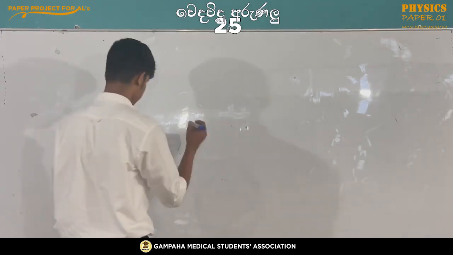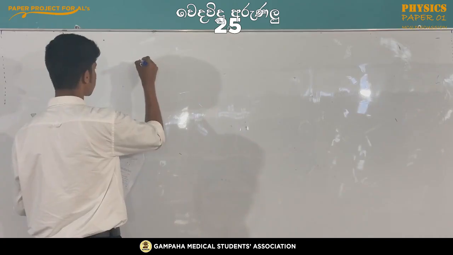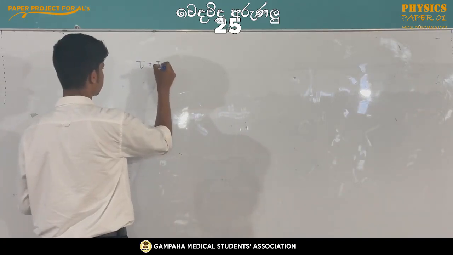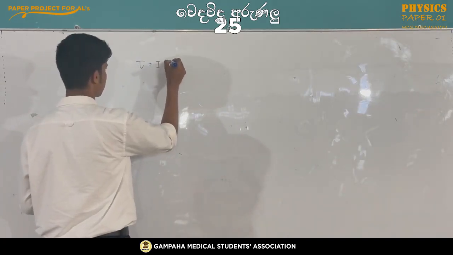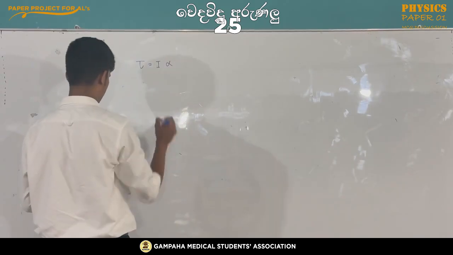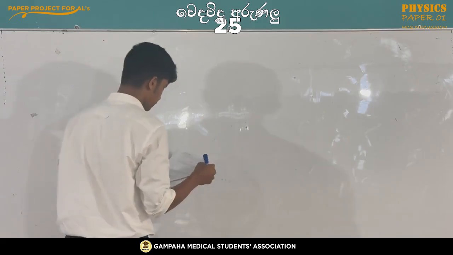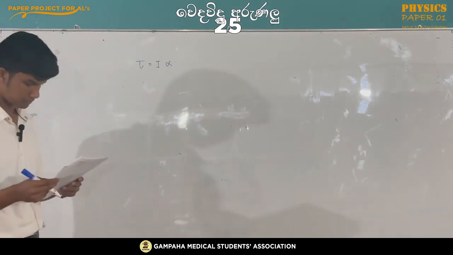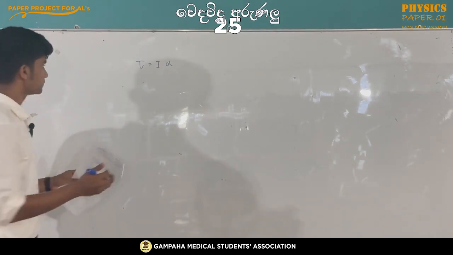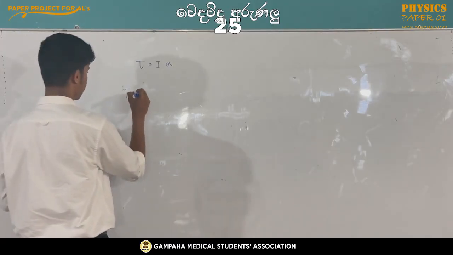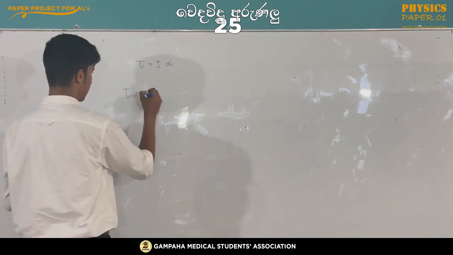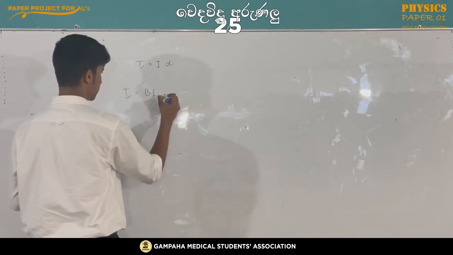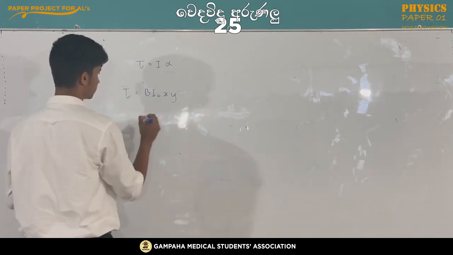So then we know that tau equals I alpha. So then we can find the tau, which is equal to B I naught x y.